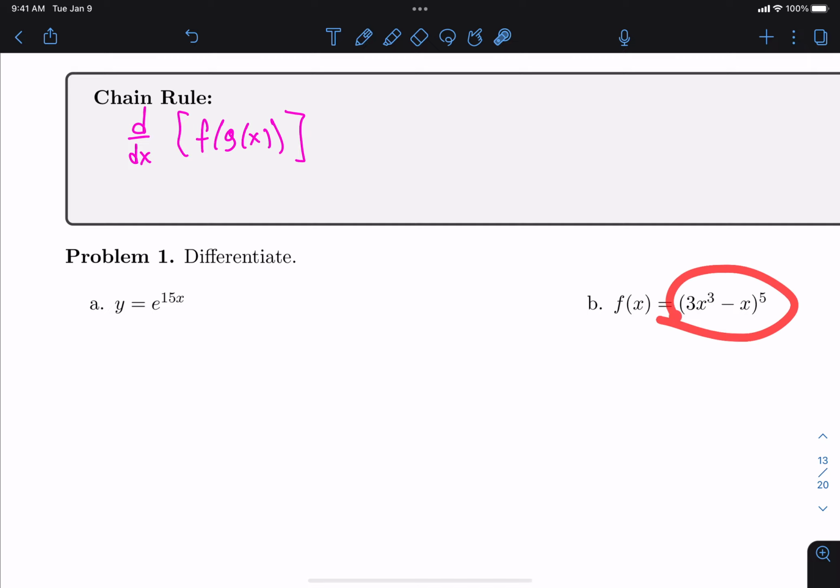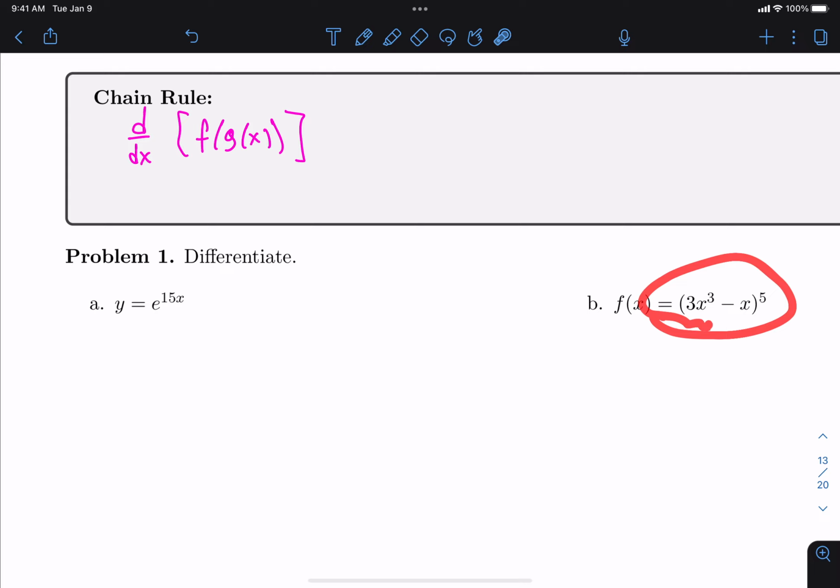So think stuff like this, right? 3x cubed minus x all being raised to the 5th. That's a function inside of another function. That's what we call a composition. Can't you just solve it out and then find the derivative? You could. You absolutely could. For this one, you could, because you can just foil this out 5 times, and you'd end up with a polynomial, which you know how to do the derivative of, all of the terms, using the power rule.